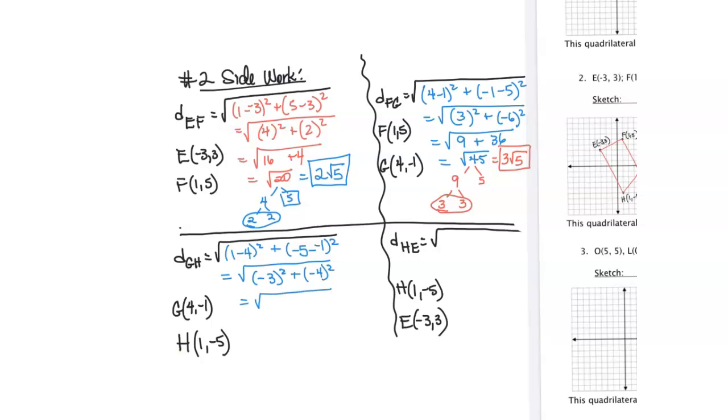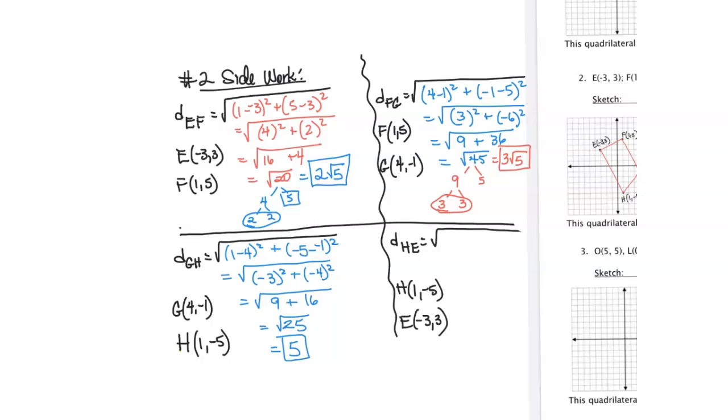So this is equal to a negative 3 squared is 9 plus negative 4 squared is 16. So 9 plus 16 gives us the square root of 25. The square root of 25 is equal to 5. So this distance is simply 5.